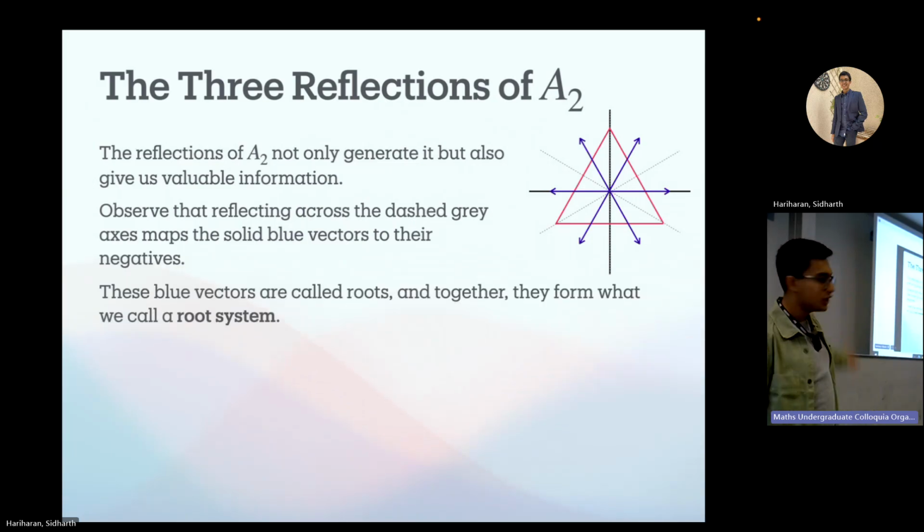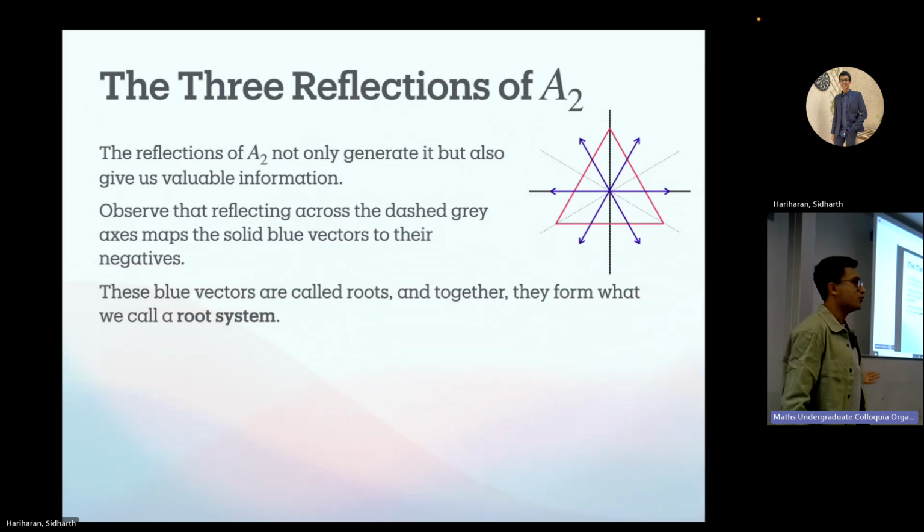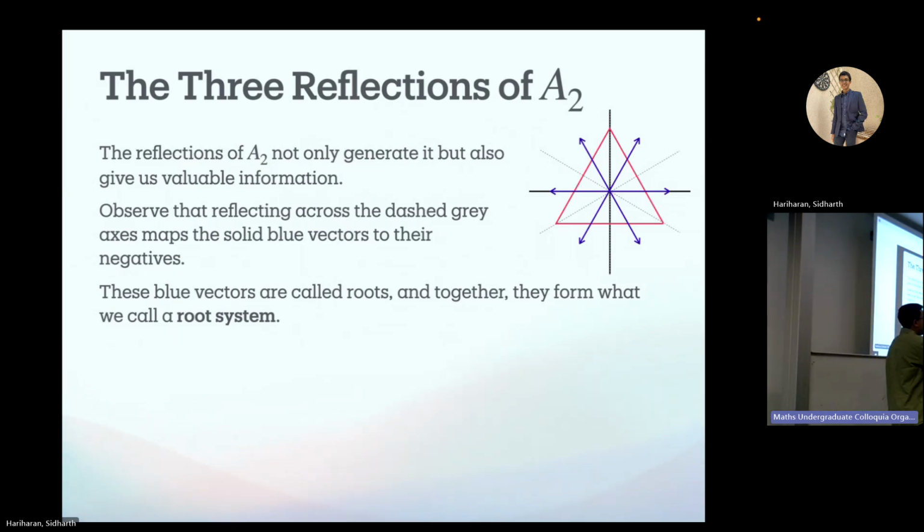And we actually have a special name for them. We call them roots. So any reflection will send some vector to its negative, right? So roots of a Coxeter group are precisely the vectors that are sent to their negatives by the reflections in that Coxeter group.